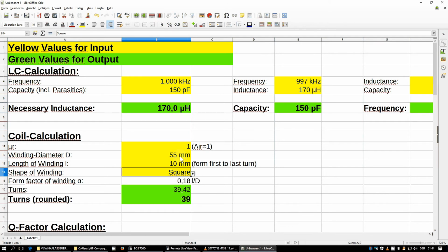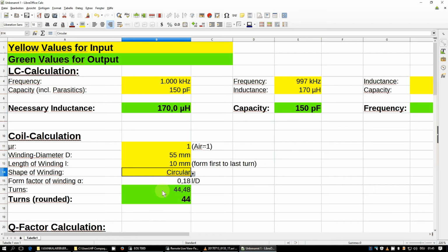The shape of the winding, well, it's a polygon, so it's neither square nor circular, but it's nearer to circular than to square. And we get a number of turns of 44, and the reality was 48, so this is at least within 10% of the true value.